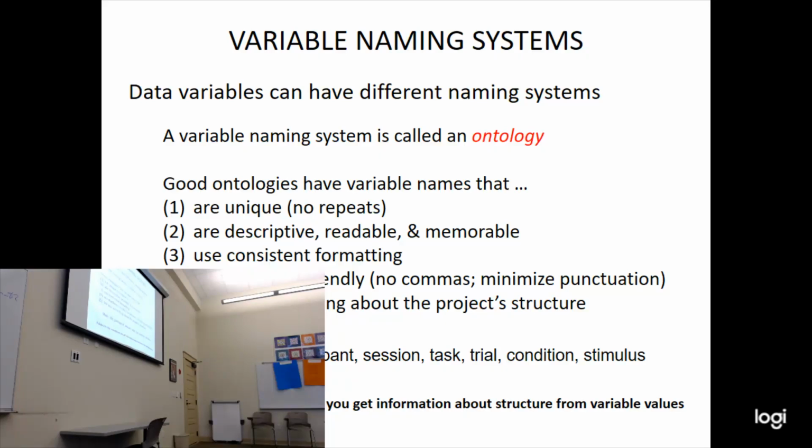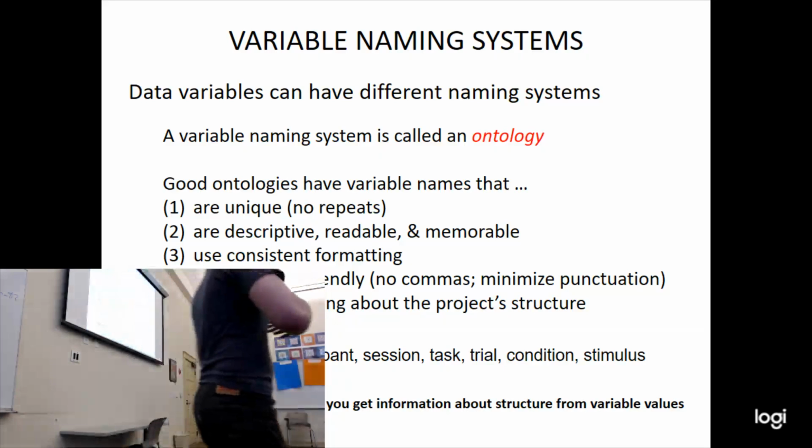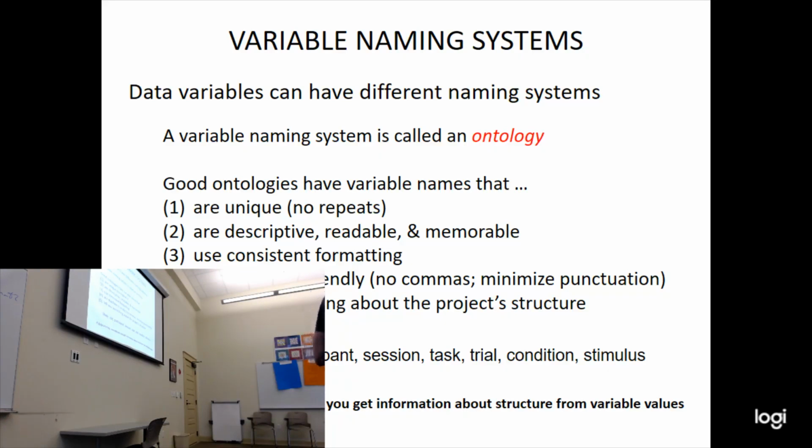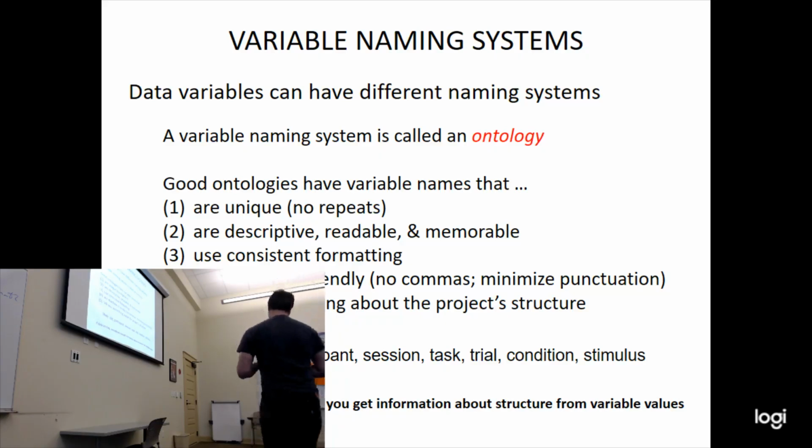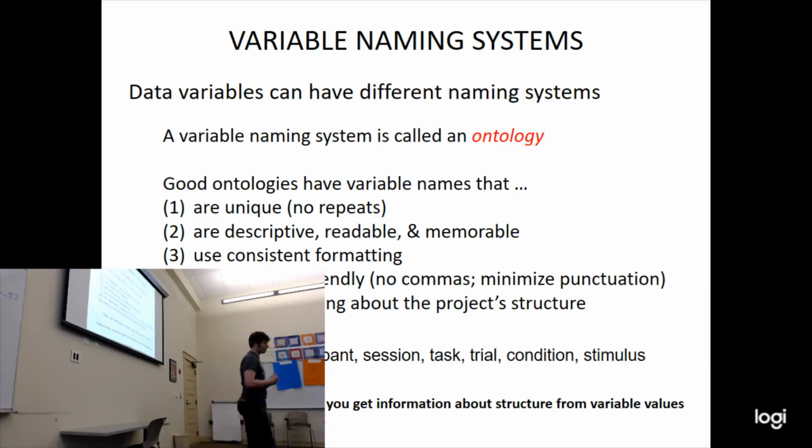So that's a lot of stuff that you want an ontology to do. It would be really nice if in the behavioral sciences, psychology, economics, business, whatever, we had standard ways of naming variables, so that we had a standard ontology that we all use. That would be super, but we don't.